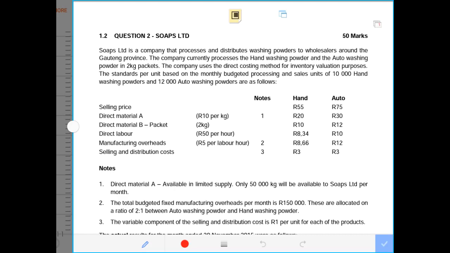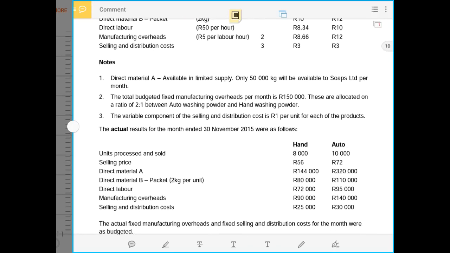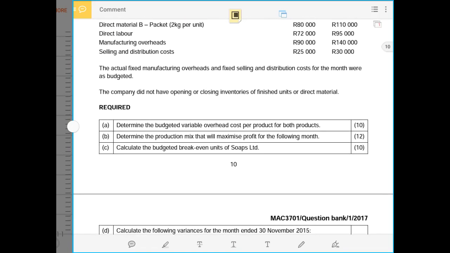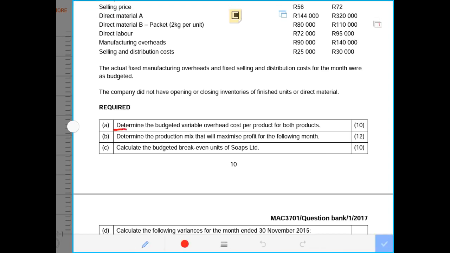And question 2 from the question bank is SOAPS LTD, that I will go through today and analyze for your benefit. So before we go through the question, I would like us to start by reading what is required so that we know what we are required to do. We are required to determine the budgeted variable overhead cost per product for both products.